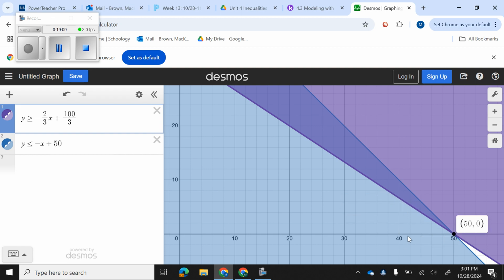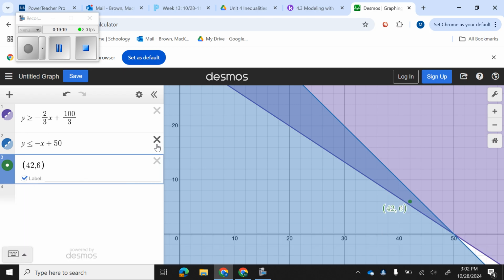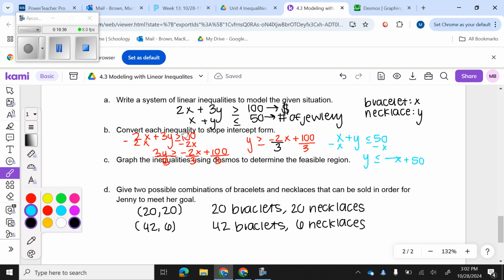All right, well, this guy looks like 42, 6. I'm going to just double check that this is in the region, 42, 6. Where's that point? Label it. Okay, yeah, 42, 6 is in there, so we're good to go. I'm going to take 42 and 6. And that would be 42 bracelets and 6 necklaces. So I just got to double check that that all works out good, okay?